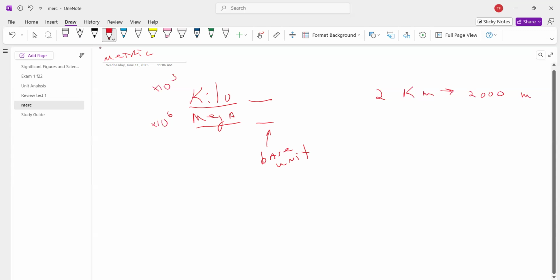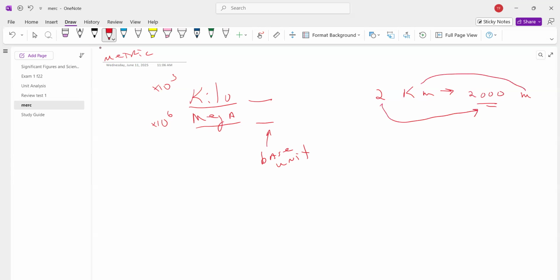So to go from kilo to the subunit differ by 1,000. Which is smaller, a meter or kilometer? A meter. So when you're in the conversions, the number you get here is going to do what? That gets bigger. That gets smaller.